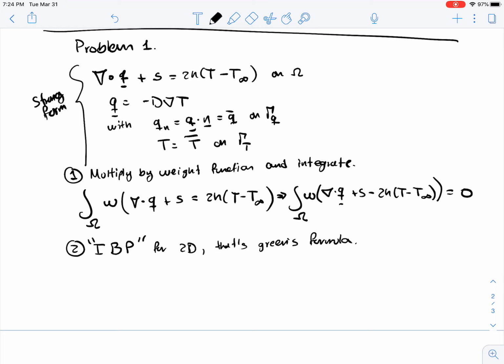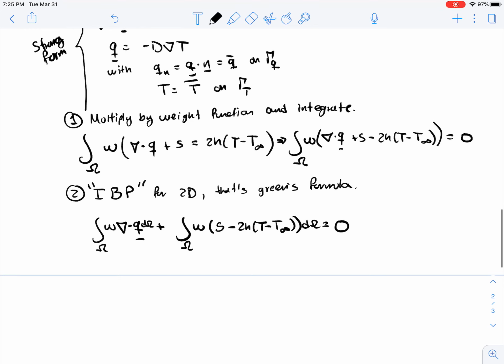The only term that we care about is the one that has the double derivative, and that one is this term right here. The divergence of Q, because Q is the gradient of temperature, is essentially the second derivative term on the temperature. So that's the only one that I'm going to put aside here. The other ones I'm going to put in a separate integral. So here I'm going to have S minus H times T minus T infinity d omega equals 0.